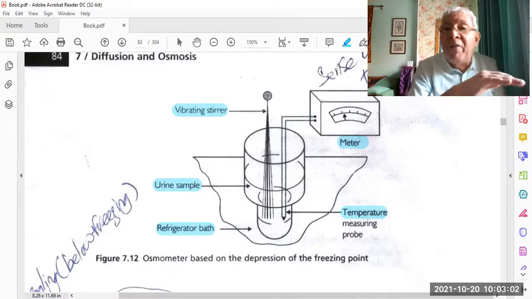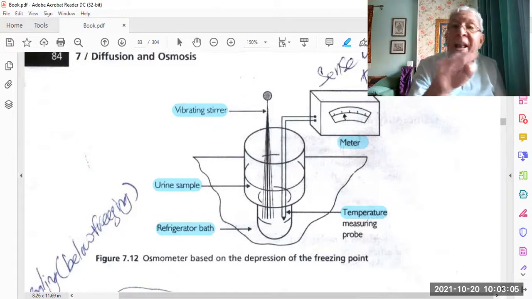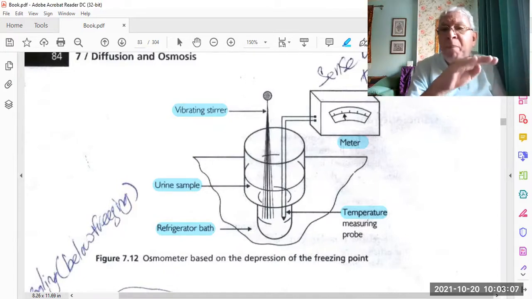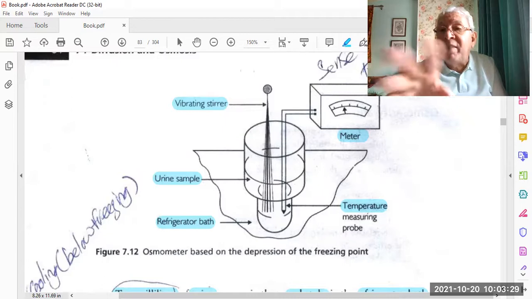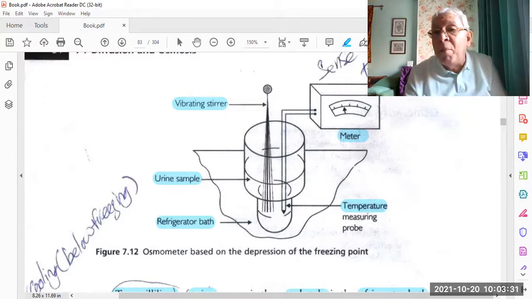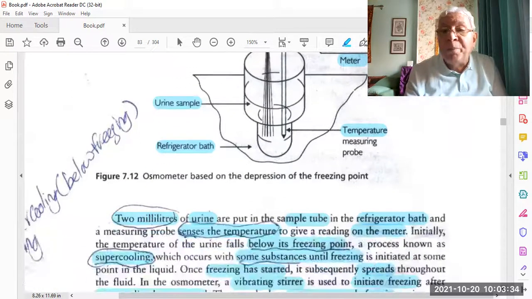It cools beyond the freezing point, less than the freezing point, and then we begin to increase the temperature until freezing occurs. You'll see the character of freezing occurring. At this point, you can utilize the temperature, and the meter can transfer this temperature into millimoles directly. You see.